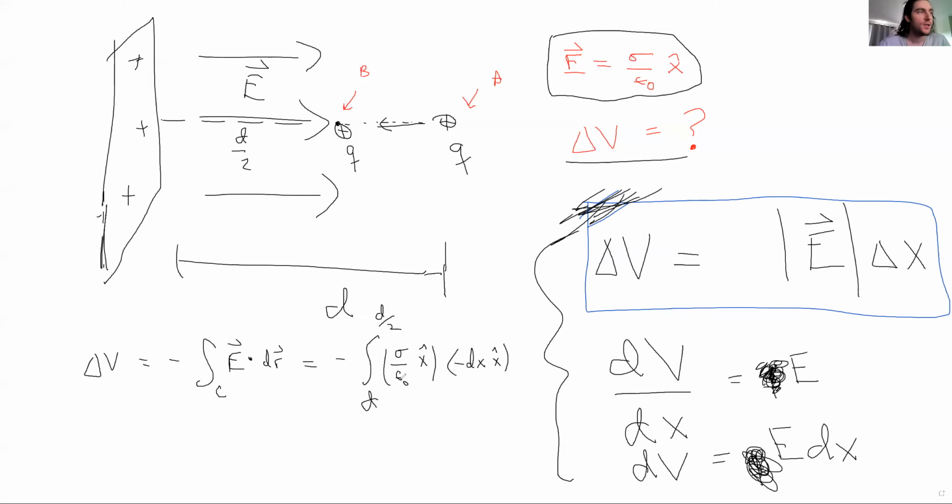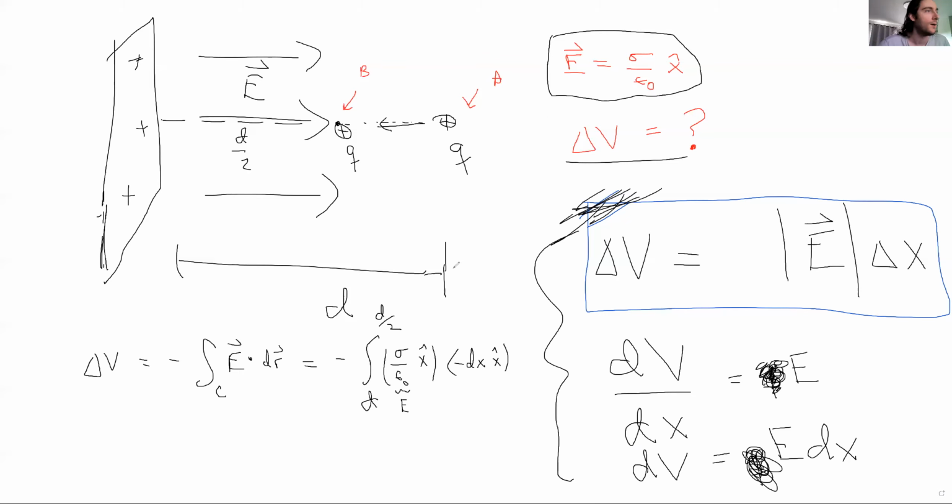If you want, you can follow along and substitute in just the capital E here instead of sigma over epsilon naught. But it is very important that we know that the magnitude E is constant. That's why I've written it as sigma over epsilon naught, because we understand that it is a constant electric field.